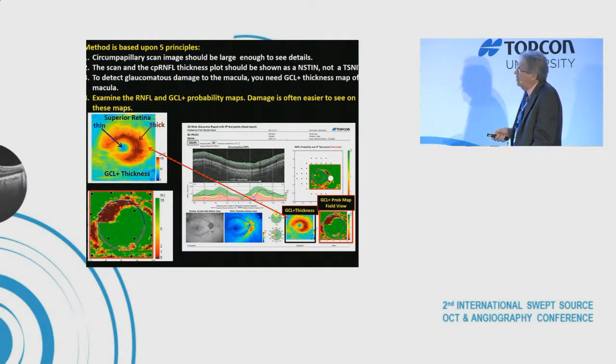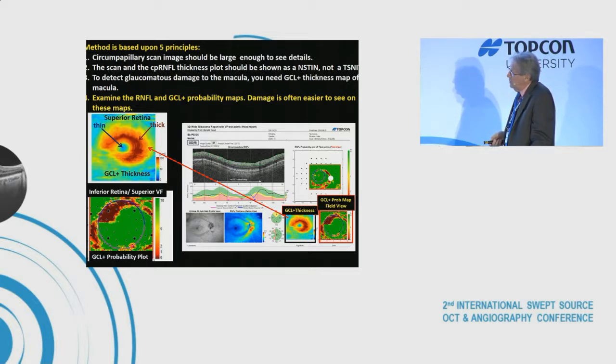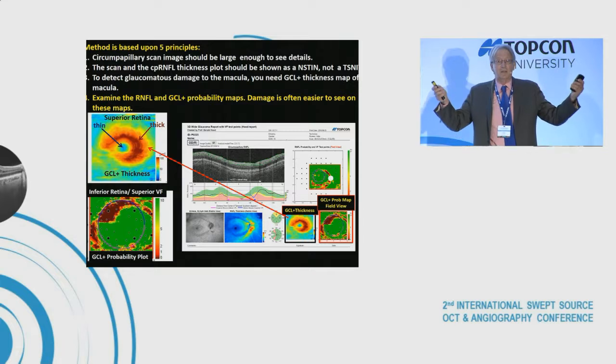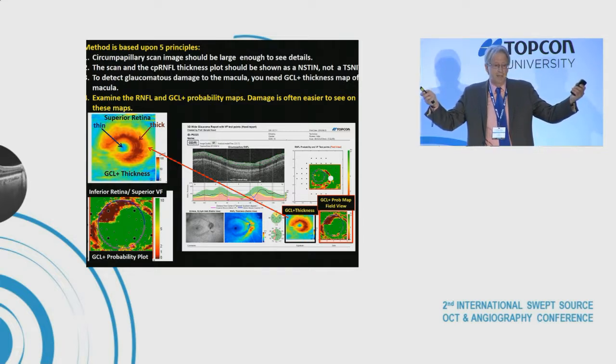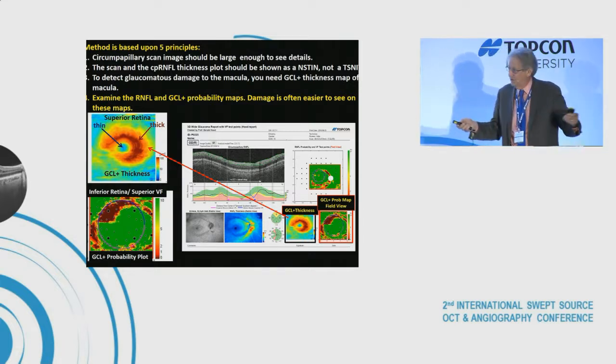Well, point by point, the software compares the thickness here to a group of normals, adjusted for age, and then plots the probability. And we flip it along the horizontal meridian to make up for the fact that as you look at me, I'm standing on my head in the back of your eye, so the image is inverted.